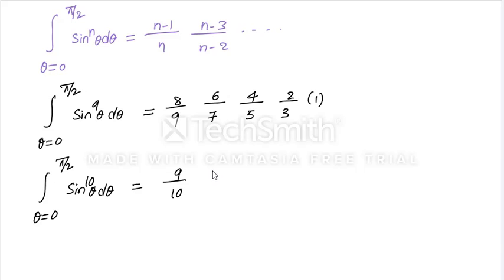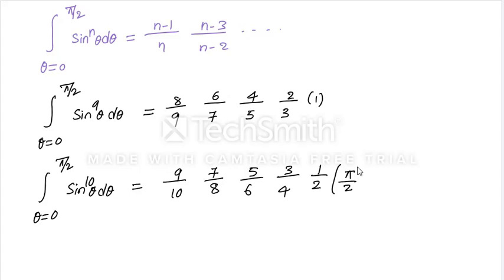Next, yes, we should keep on decrementing by 2, 7 by 8, isn't it? 5 by 6. Next 3 by 4. Next, can you do one more? 1 by 2.